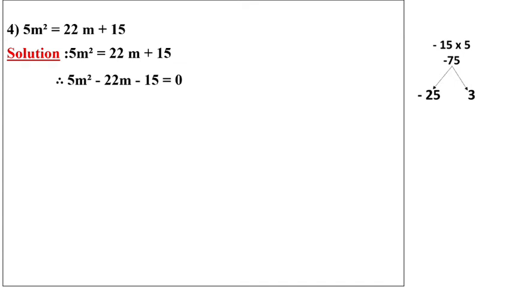But the middle term we have is minus 22. In which table does minus 75 come? 25 times 3 is 75, and 25 minus 3 we get 22. The bigger number's sign is with 25, so minus 22. In the place of minus 22m we will take minus 25m and 3m.